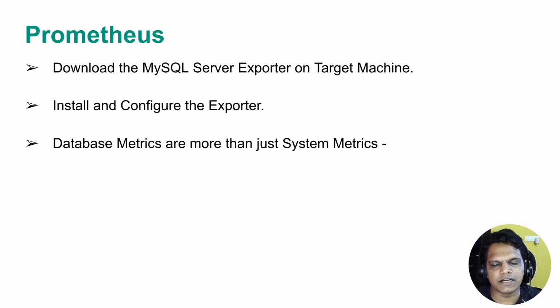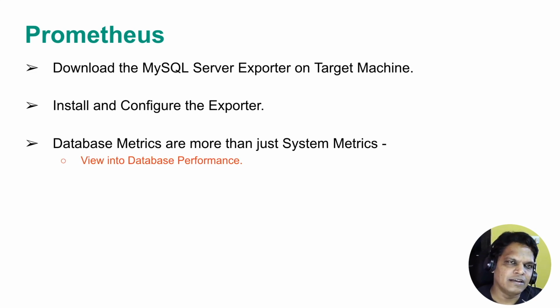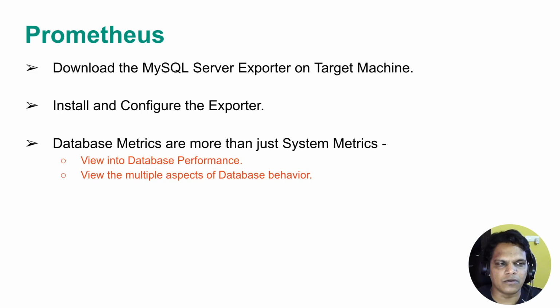The database metrics can be helpful in a lot of use cases, but at a high level, they let you view the database performance, that is, how your database is performing. With the help of the database metrics, you can view the performance in different circumstances: when you have excess load, when you have minimum load, and when you have moderate load.